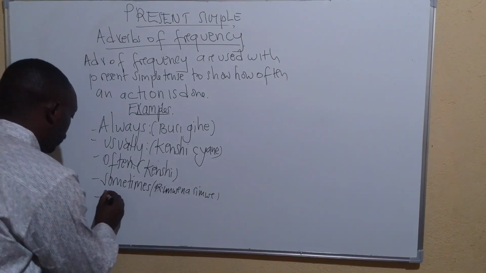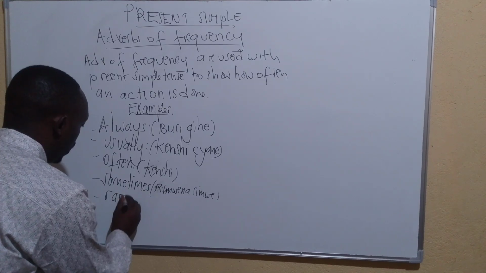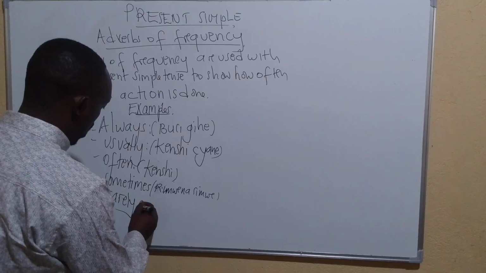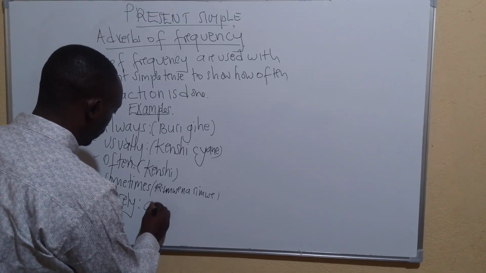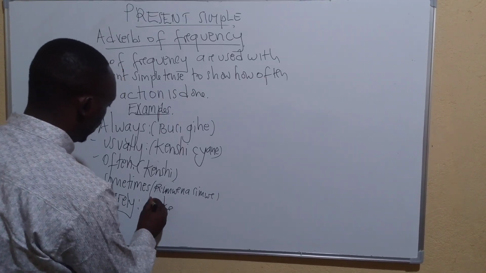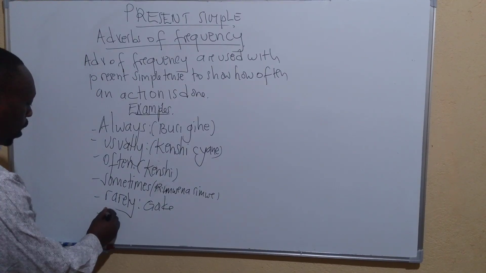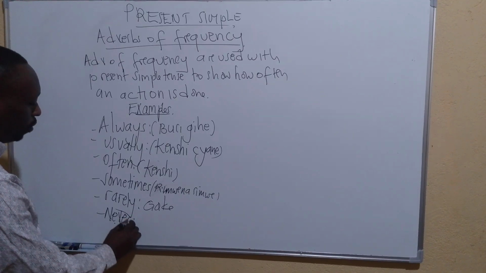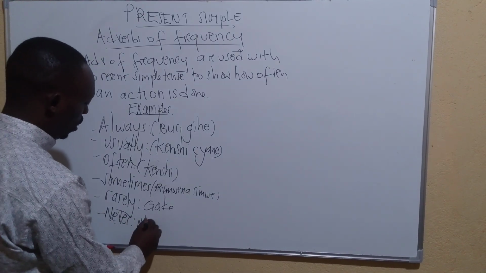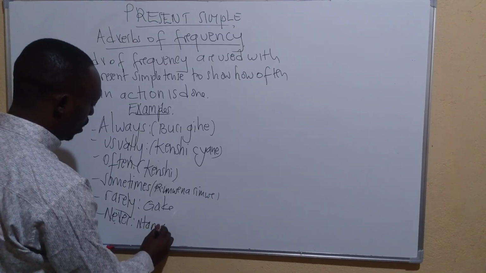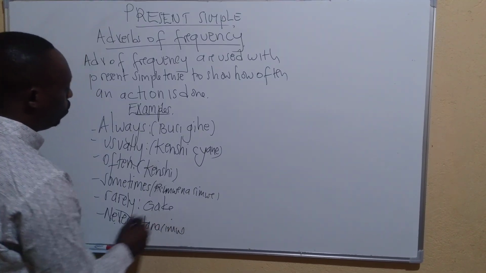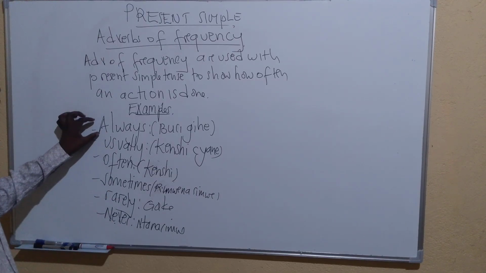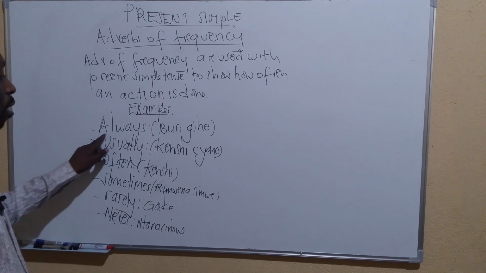We also have rarely. This one also is an adverb of frequency, which means gake cyane. Then the last one is never. This word never means nta na rimwe. So these are adverbs of frequency we have. How do we read them? This one is read as always.